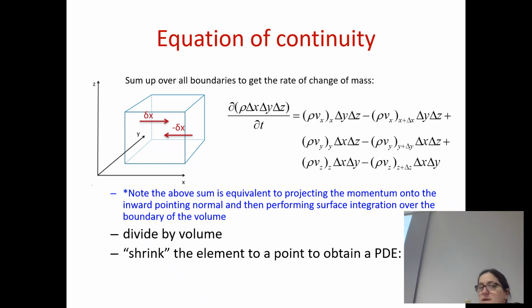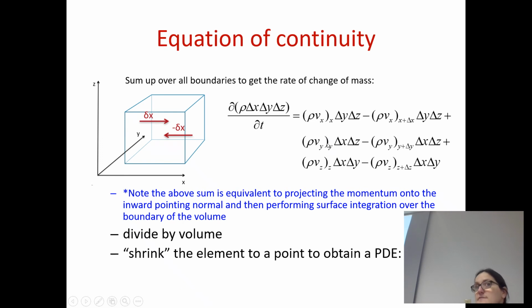What about the next one? When I divide this, delta x, delta z, which I have in both of them, by volume, I'm going to have rho Vy evaluated at y minus rho Vy evaluated at y plus delta y, divided by delta y, right? When I take the limit as delta y goes to 0, that's essentially negative, because I started with y instead of y plus delta y.